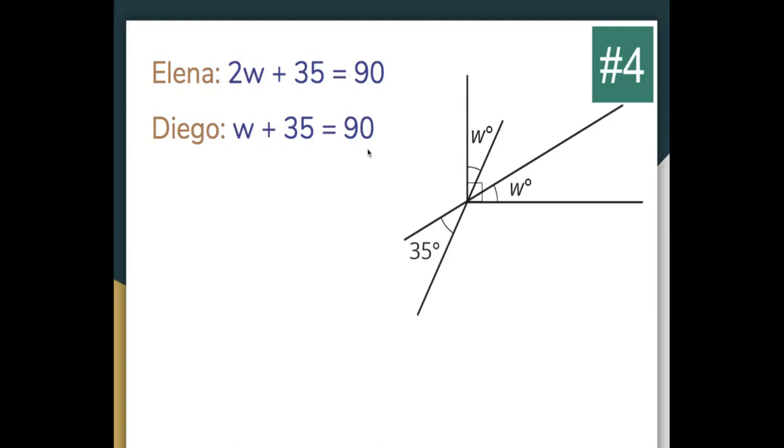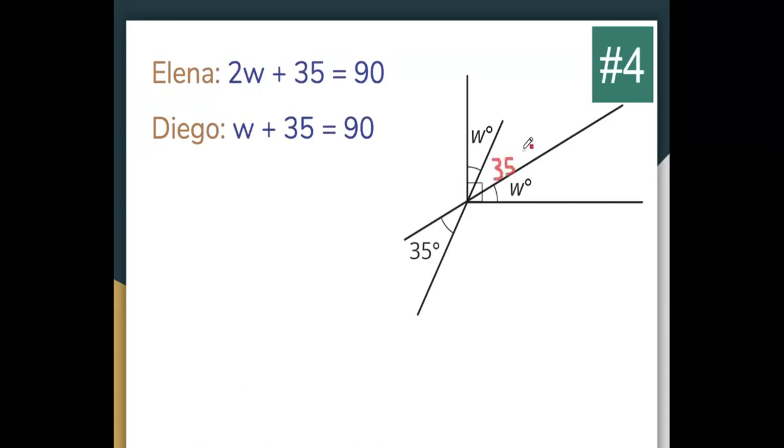Looking at our fourth situation, Elena believes that 2W plus 35 equals 90, while Diego thinks that W plus 35 equals 90. Looking at this situation, we see the box. We know that that box indicates that these three angles form a right angle, or 90 degrees. We don't know this angle, but we can recognize that this angle and this angle are vertical. So this angle over here has to be 35 degrees, as verticals are equal to each other.